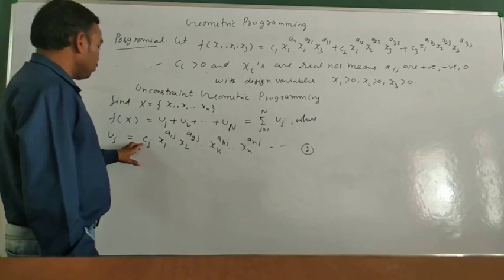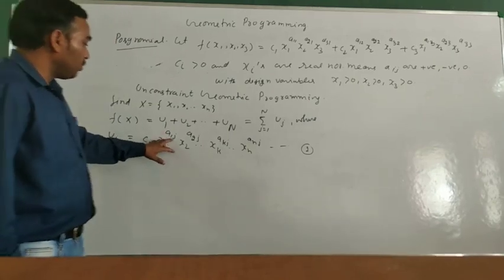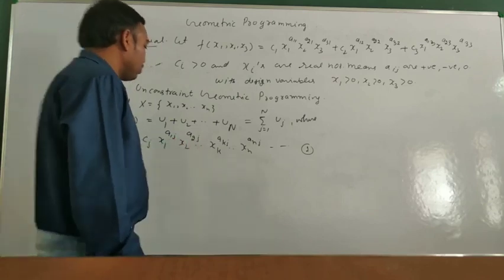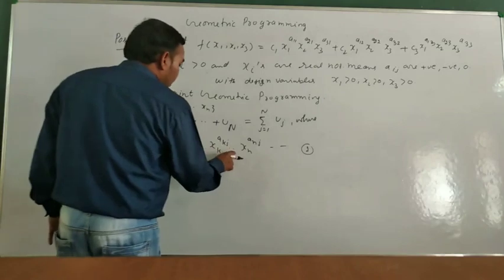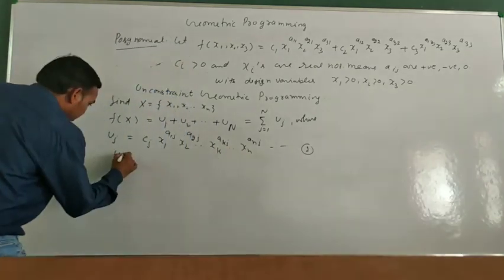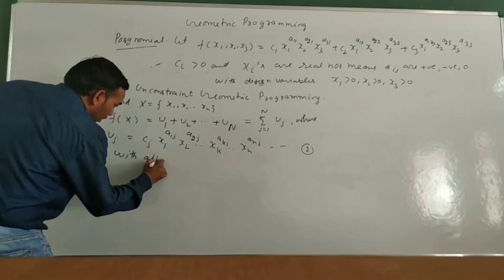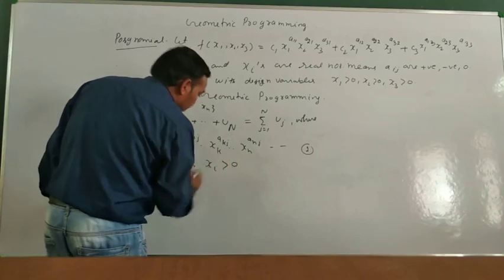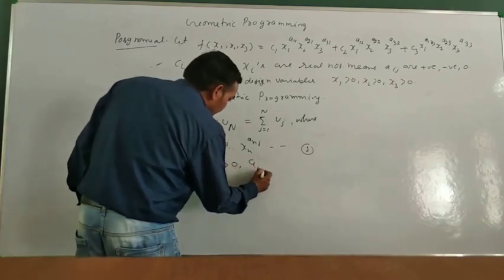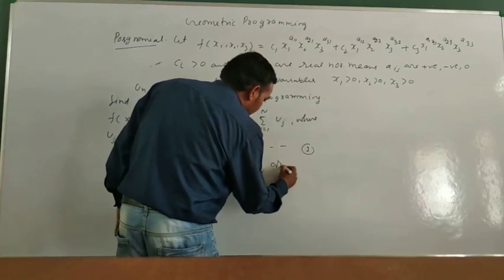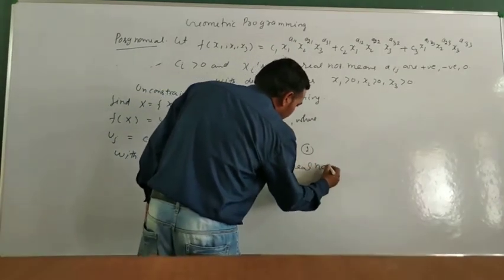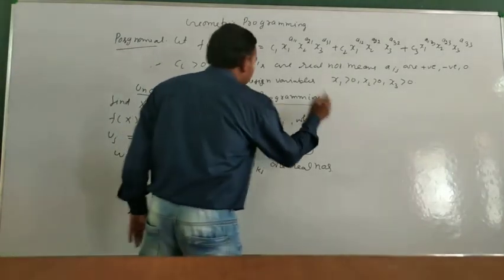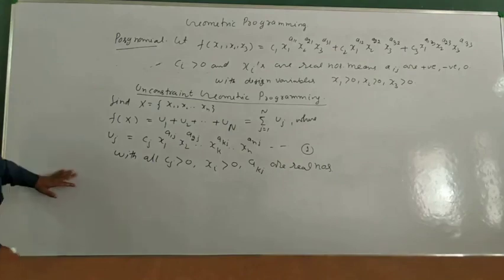That means j equal to 2 gives c2 x1^a12 x2^a22 up to xn^anj, with all cj positive and xi greater than 0, with akj real numbers. So this is the unconstrained geometric programming problem.